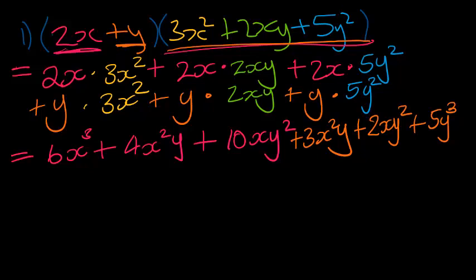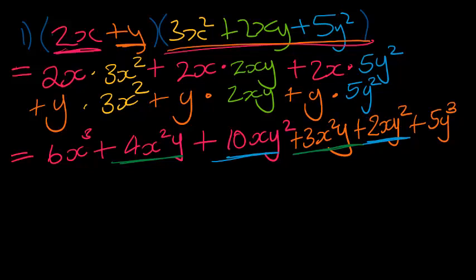Next, I'm going to look for like terms. Like terms are terms that have got the same variables. So 6x cubed has got no like terms. 4x squared y, and then do I have any other x squared y? Yes, I've got 3x squared y, so those go together. And then 10xy squared and 2xy squared. So let's add them together.